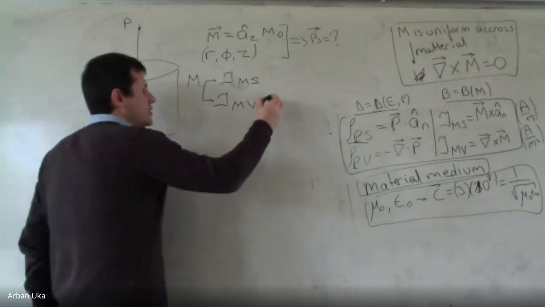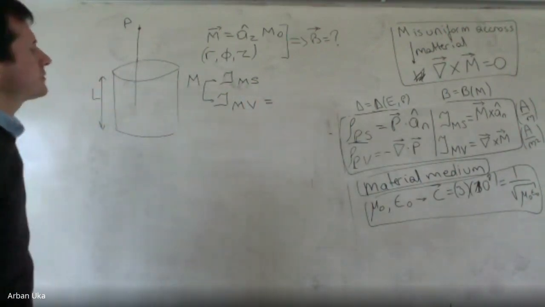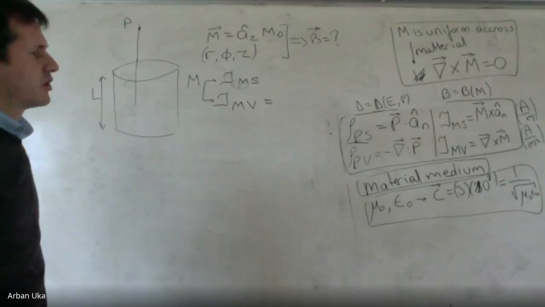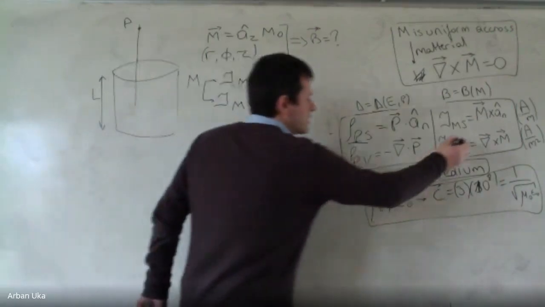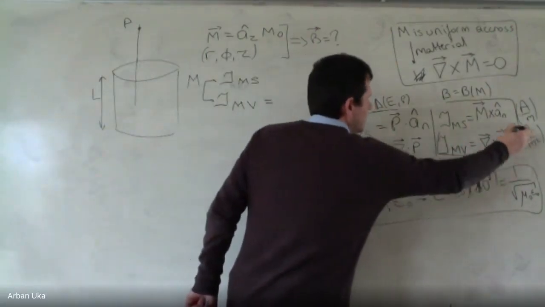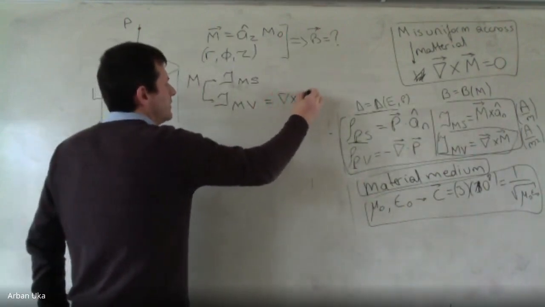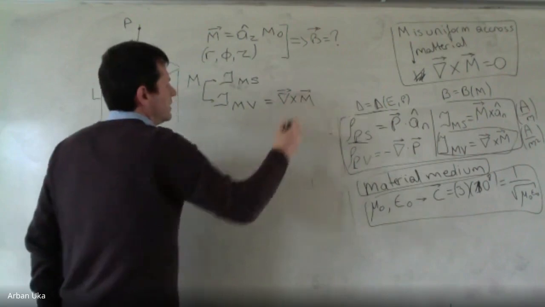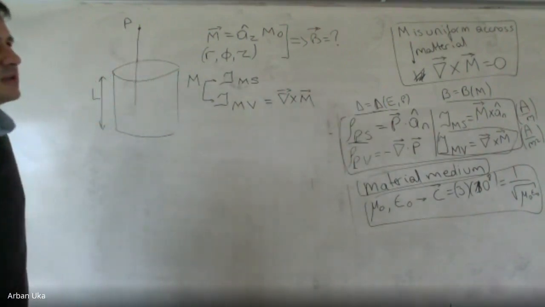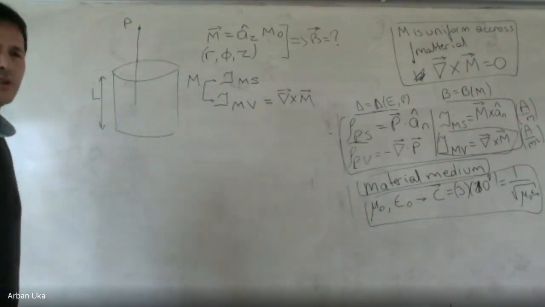Now this expression is equal to the curl of M, which checks the rate of change per unit length.